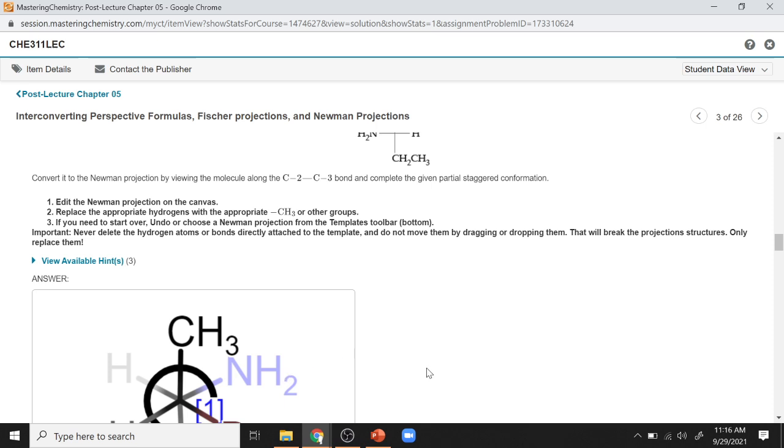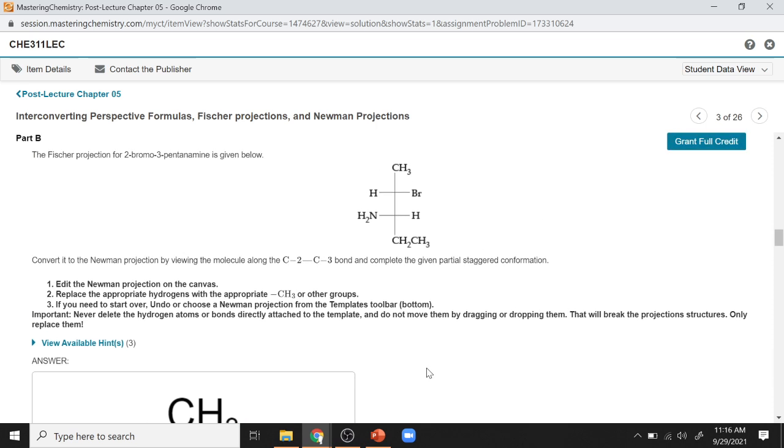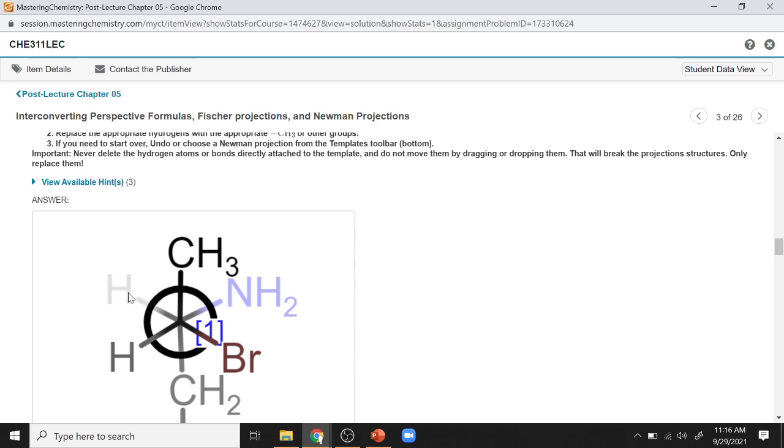Yep, we flipped them. And one of the things you can use to help yourselves keep track of this is that in these, they're on opposites. This would be like up and down, right?